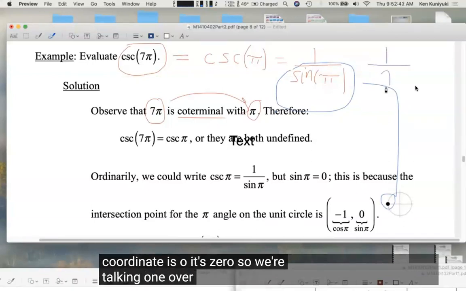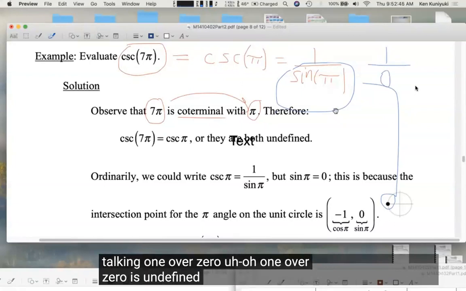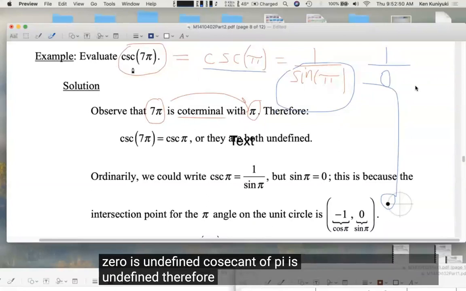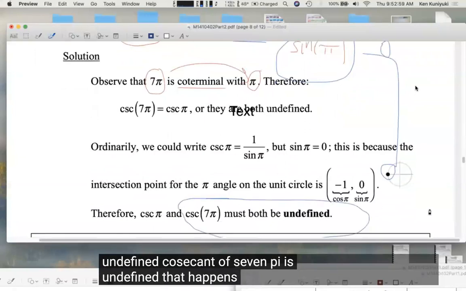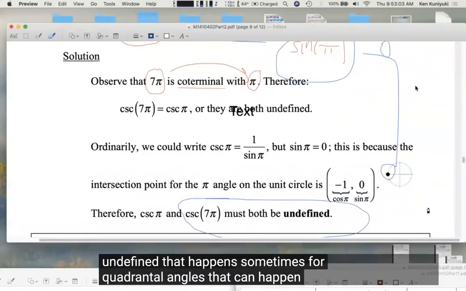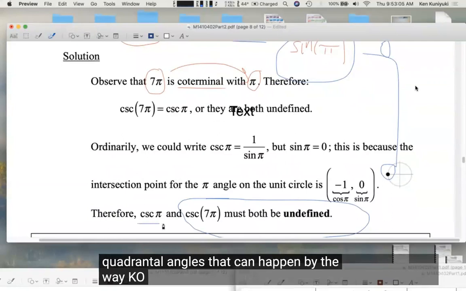So we're talking 1 over 0. 1 over 0 is undefined. Cosecant of pi is undefined, therefore this thing is undefined. Cosecant of 7 pi is undefined. That happens sometimes. For quadrantal angles, that can happen. By the way, cosecant of pi was also undefined.